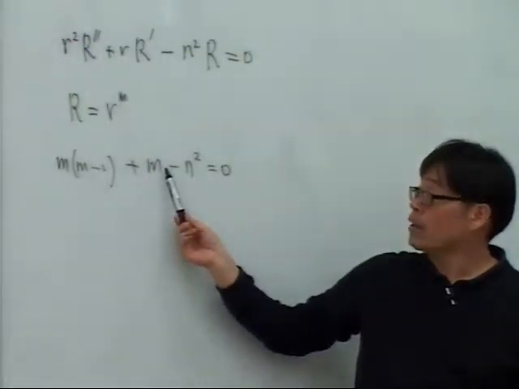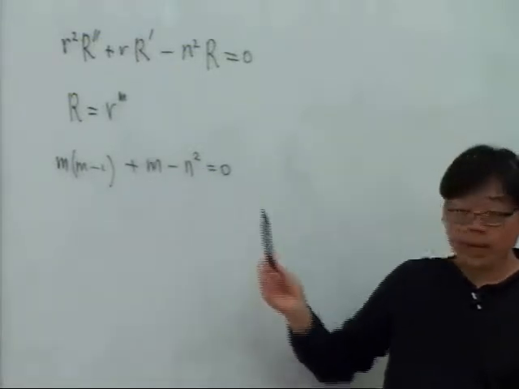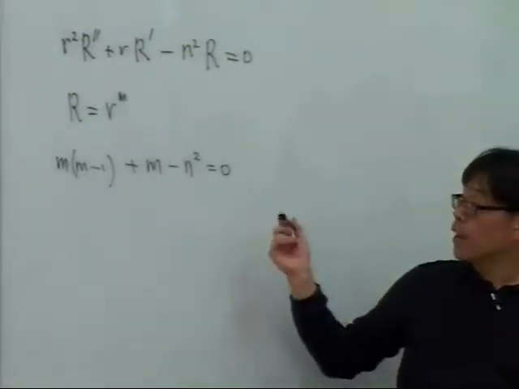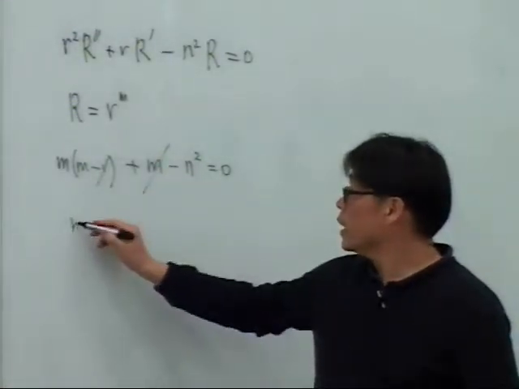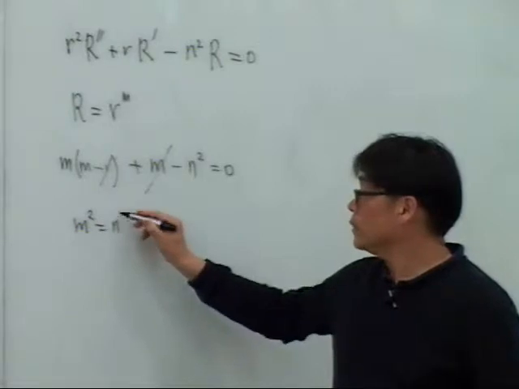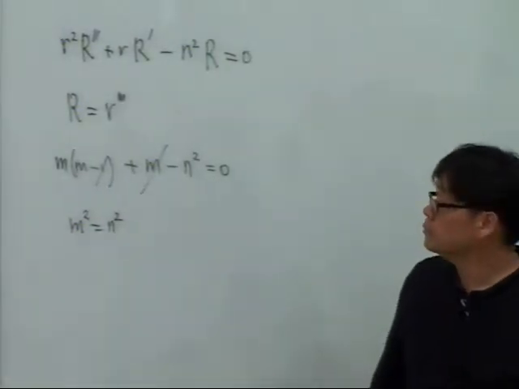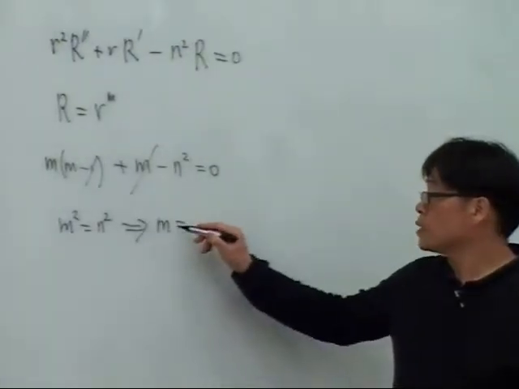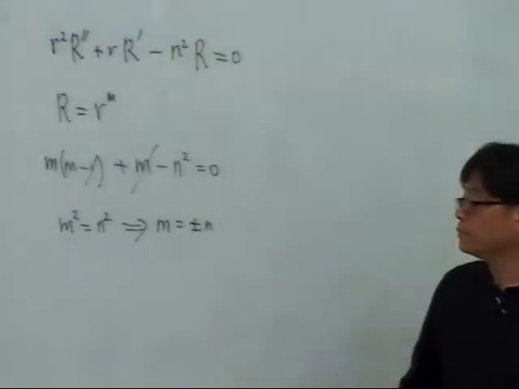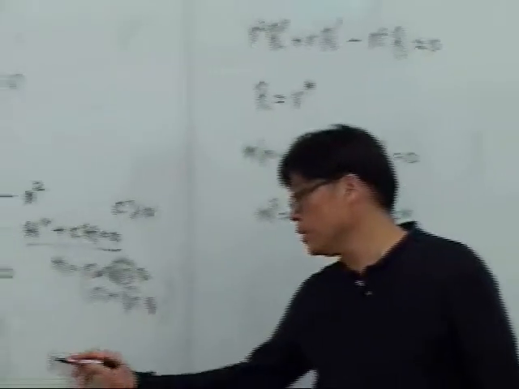And likewise, I have r to the m here. But they are all the same, so I drop that. So that's the equation for m. And then this guy goes away, and we end up with m squared equal to n squared, which means m has to be plus minus n. So here n is integers.